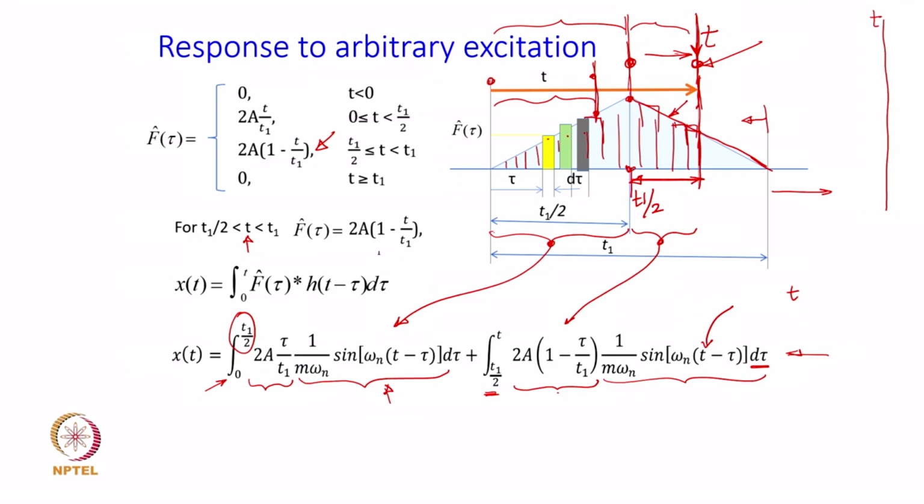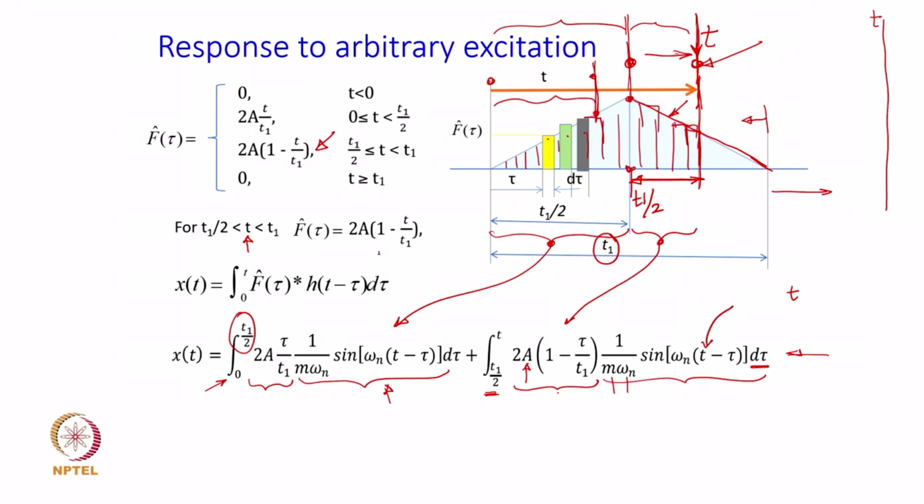So, if you solve these two different integrals, you can always get the final expression. The final expression would be in terms of the mass, the natural frequency, the amplitude A, and of course, the time for which this excitation acts, that is T1, because tau will get replaced by T and T1.